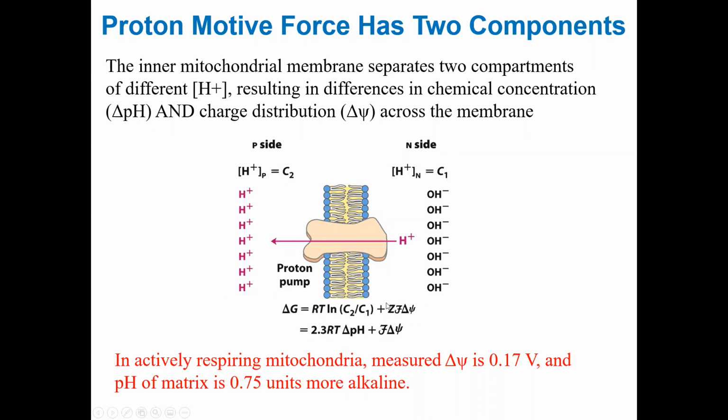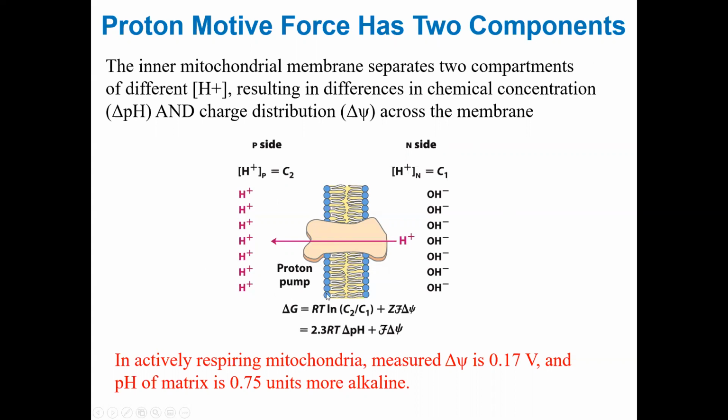That's the charge component, the concentration component and the charge component. The concentration component can also be represented in the form of pH. So that's what they have done in the second line. So delta G is equal to 2.3 RT delta pH plus Faraday constant times delta psi. So these are the two components that make up the free energy for this system, okay?